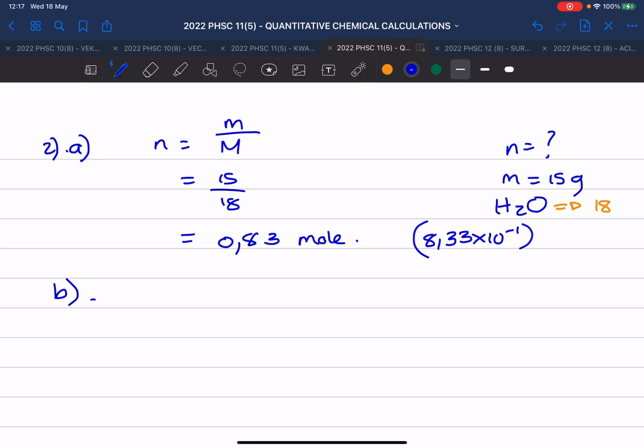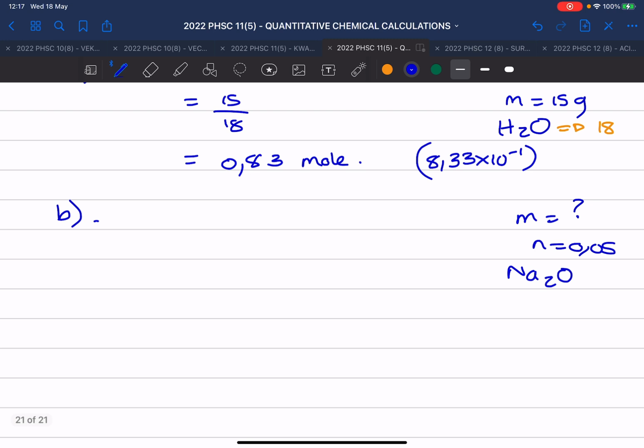Alright, question B, they ask what is the mass? They say the mole there is 0.05, and they say you have Na2O. What is Na2O's name? Sodium oxide.